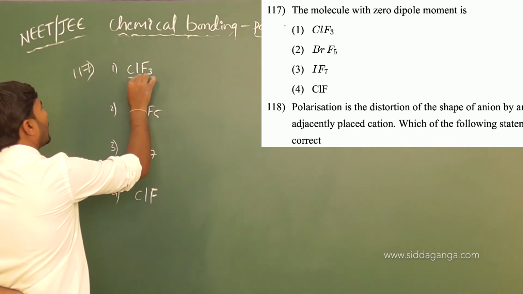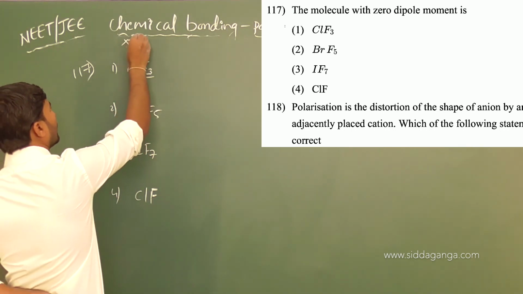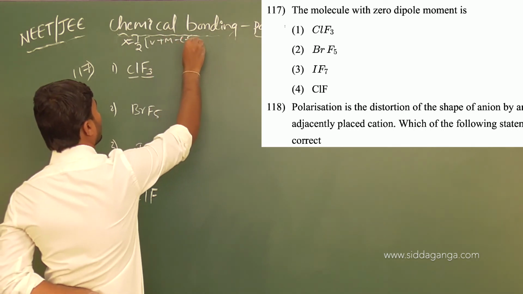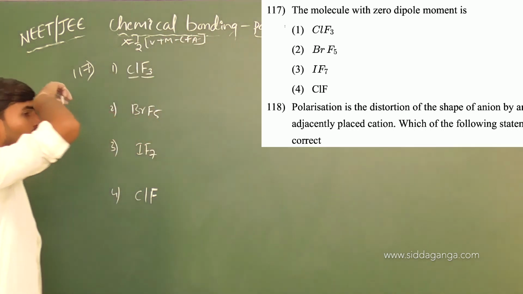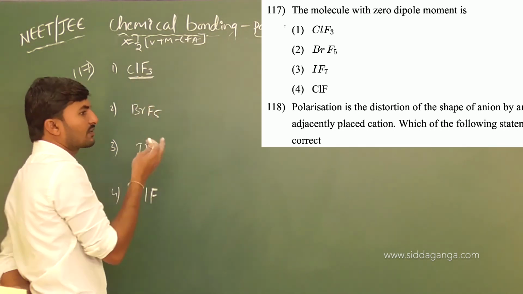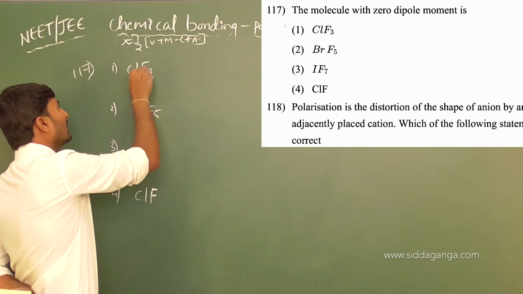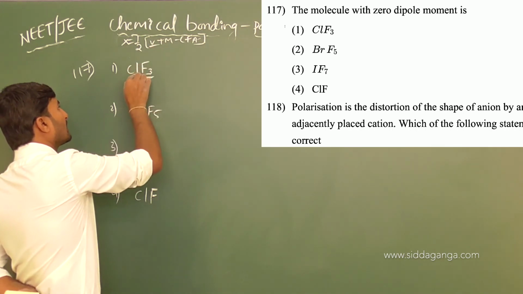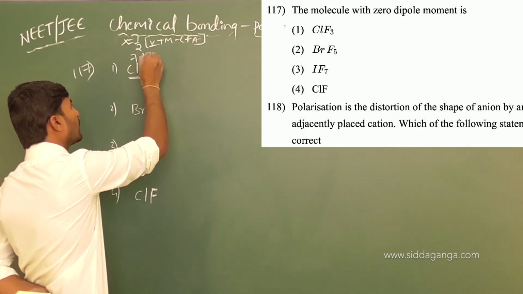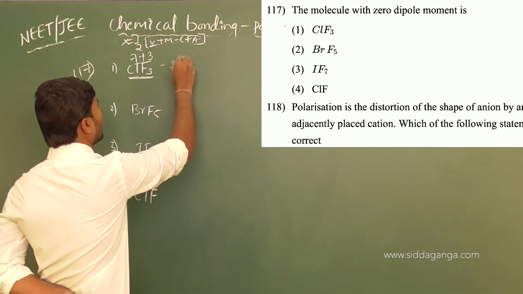ClF3 means, look at Cl, V plus M minus C plus A. We should not waste time writing this formula every time. We have to calculate the hybridization in our mind. The central atom is Cl here, valence electrons in Cl are 7, plus monovalent atoms attached, fluorine, are 3. 7 plus 3 is 10, by 2 is 5, sp3d.